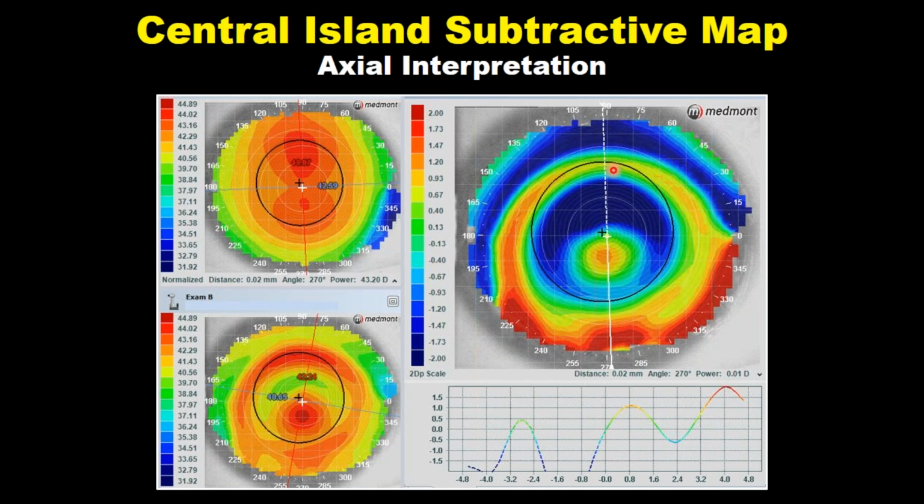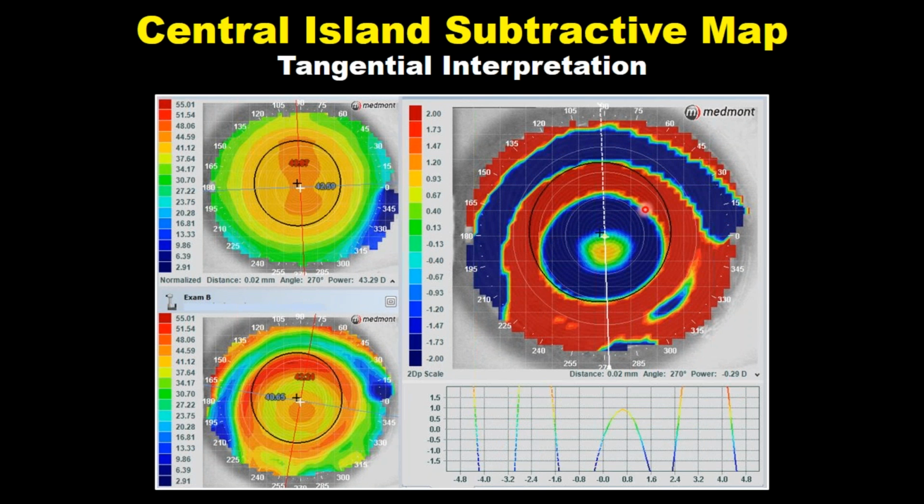If we move over to the tangential map, it's common to see a red ring decentered low in relationship to the pupil. And we see that here, a red ring over a millimeter inside the pupil at 12 o'clock, at the pupil margin at 6 o'clock. The blue ring at the pupil margin at 12 o'clock, somewhere below, well below a millimeter at 6 o'clock.